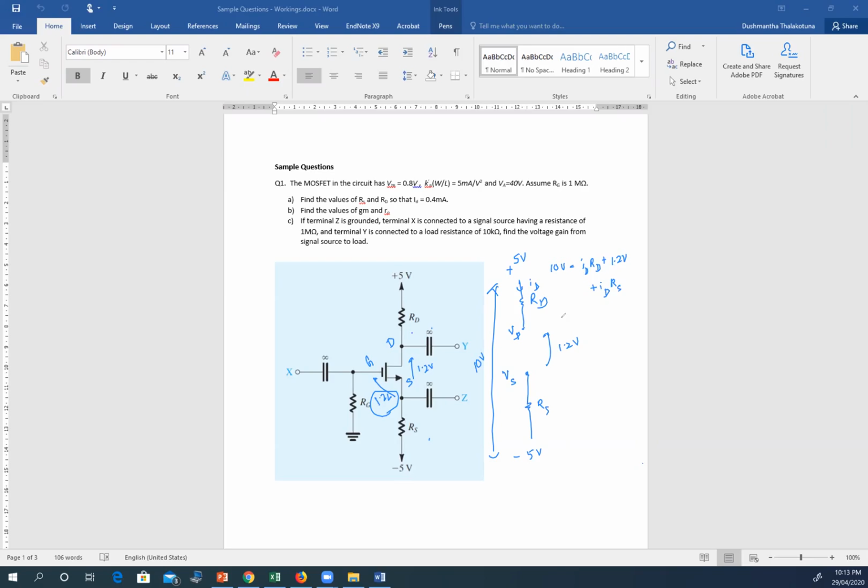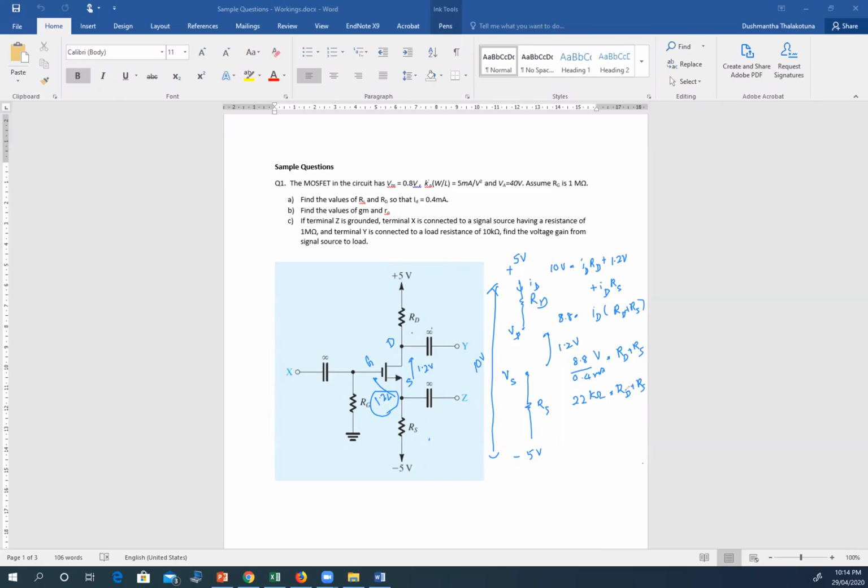So 10 minus 1.2 is 8.8 volt equals ID times RD plus RS. ID is 0.4 milliamps, so 8.8 divided by 0.4 milliamps, and that's volt. RD plus RS becomes 22 kilo ohms.